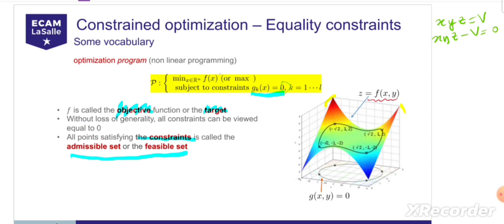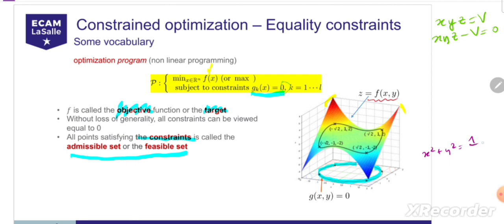And so that would be your f function, and you need some constraints. In our case that would correspond to g of x, y is equal to 0, that thing looking like a circle in the plane xy. Of course your constraint concerns the variables that you have. My function f has variables x and y, so my constraint is going to be about x and y, and for instance here it's probably something like x squared plus y squared is equal to 1, or whatever the value is.